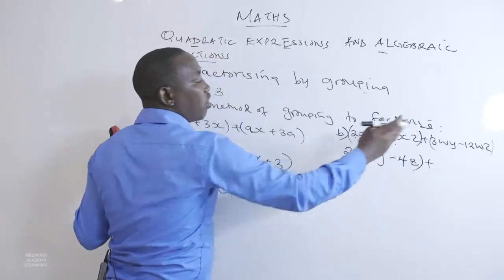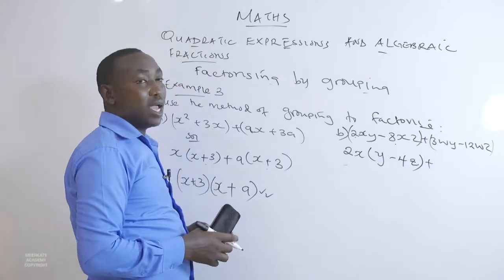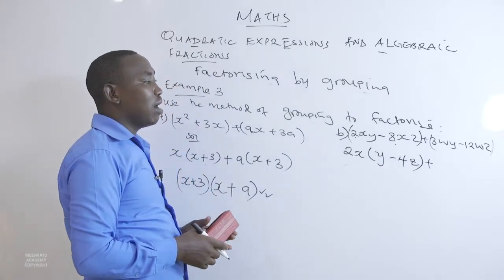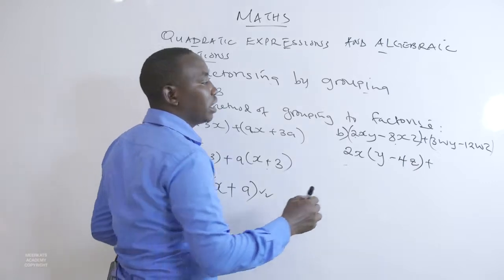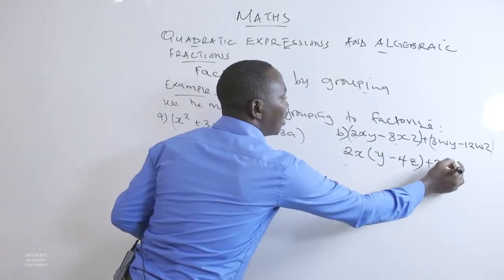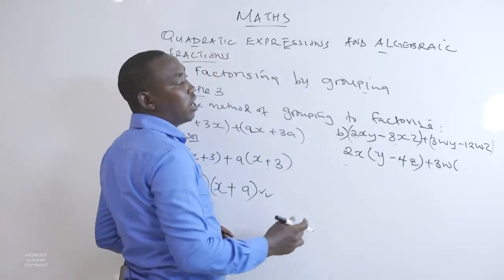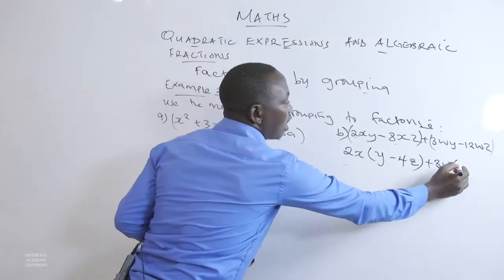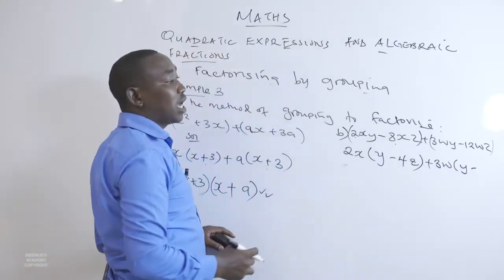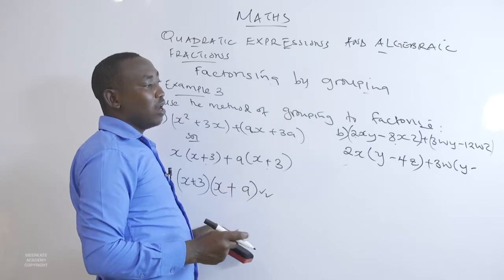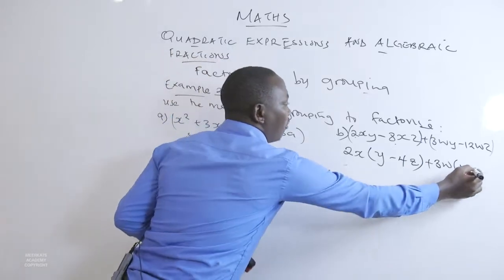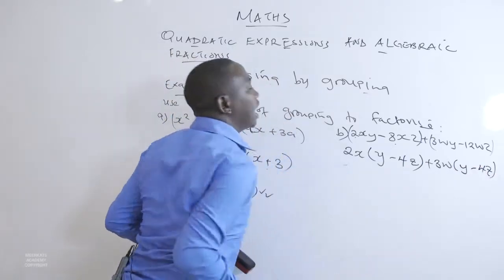plus the common between 3wy and negative 12wz is going to be 3w. So 3w goes into 3wy, y times, subtract 3w goes into 12wz, 4z times.